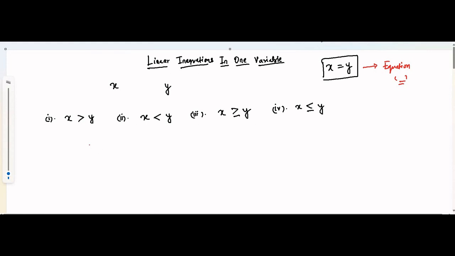But these signs, greater than, lesser than, greater than or equal to, and lesser than or equal to, they represent signs of inequality.